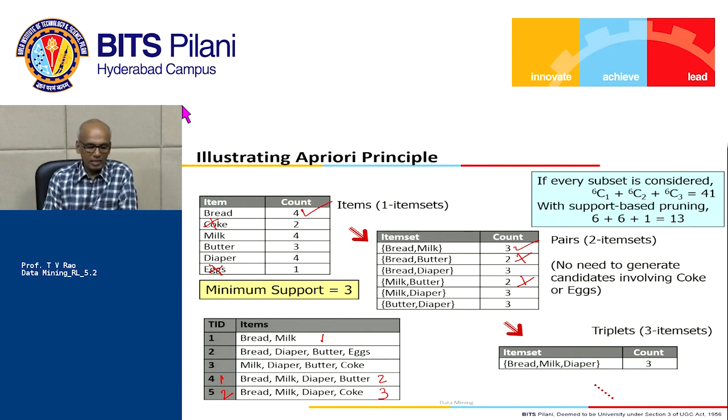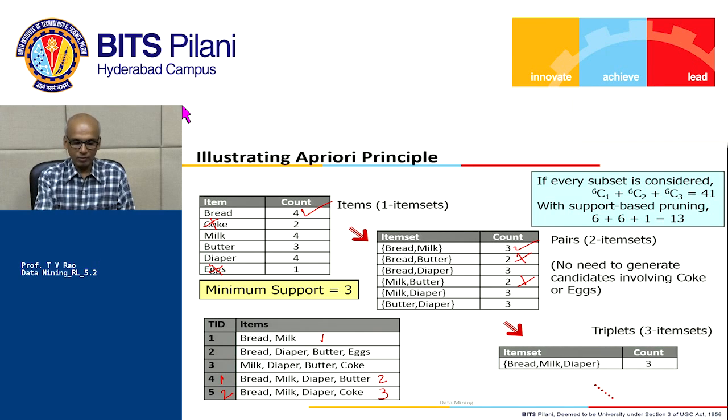So we realize that this is also not frequent. We found a potential candidate item set, but it does not have sufficient support. So at this point we can stop.